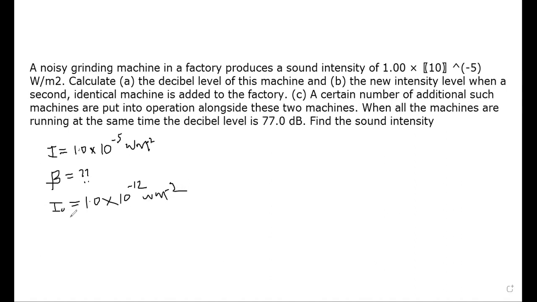Okay, so the decibel level of the machine, beta, equals 10 log I all over I naught.